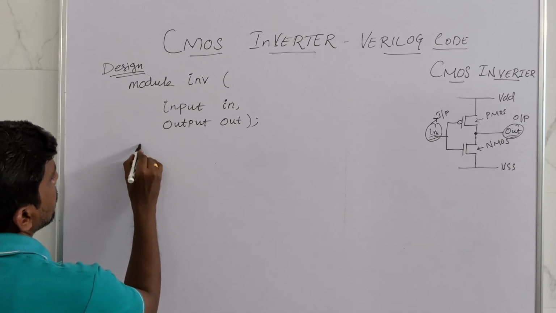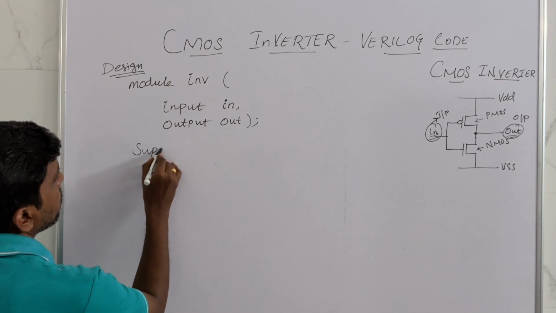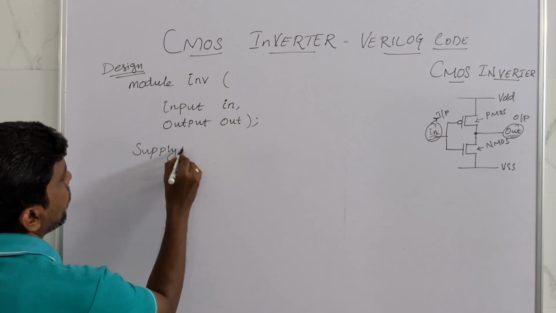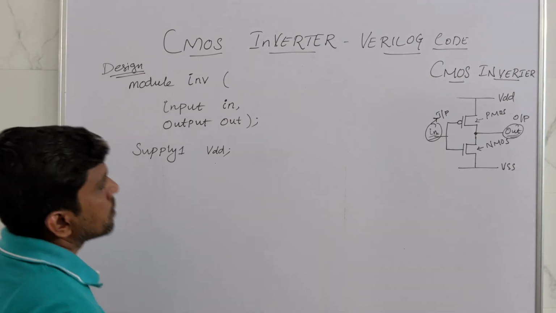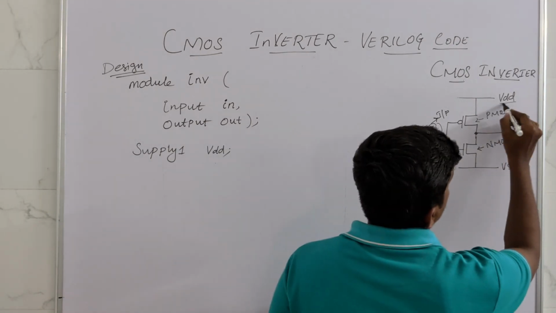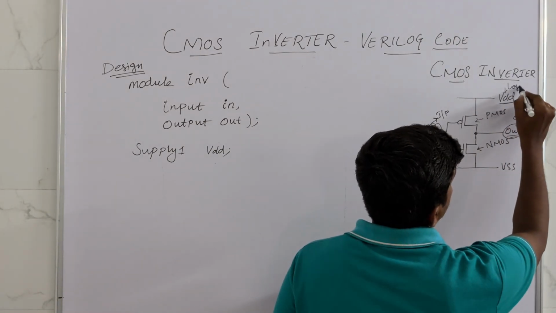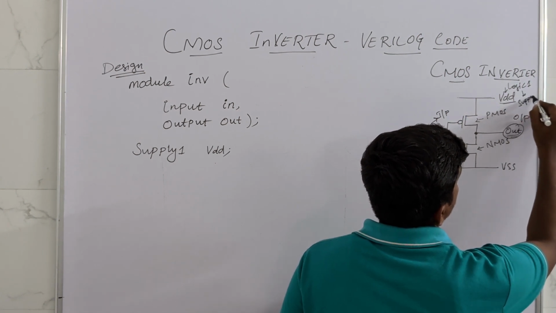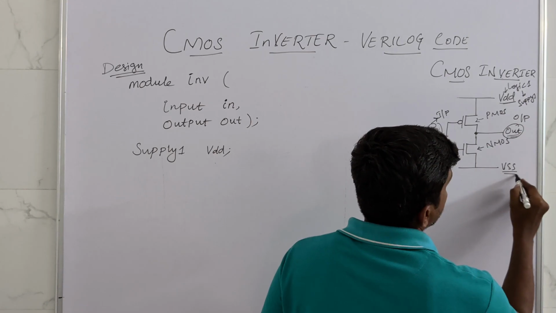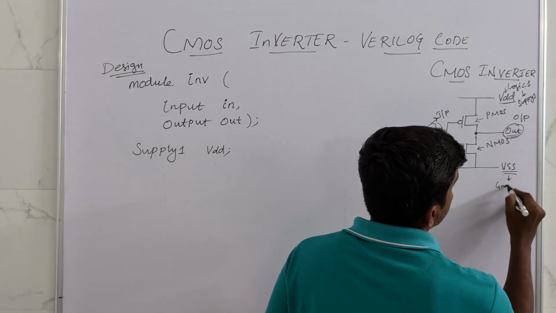Then supply1 is VDD. This VDD is logic 1, so logic 1 is represented by supply1. VSS represents ground.